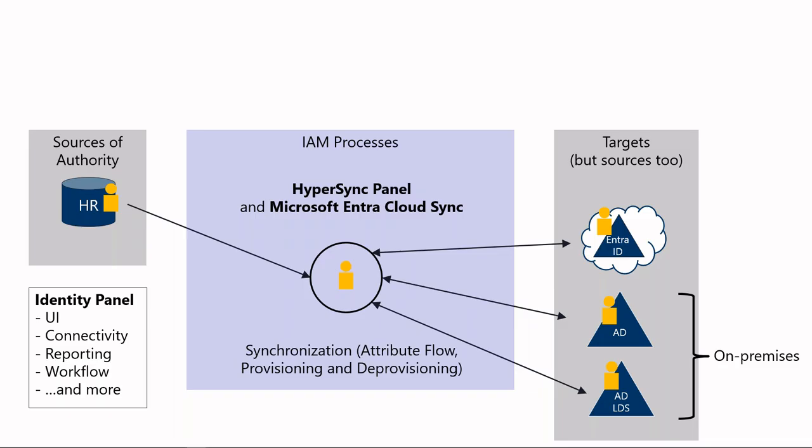But I'm also using Microsoft Entra Cloud Sync. So there are 2 synchronization processes going on that are both effectively being tested. And we're synchronizing attributes, and we're provisioning and deprovisioning objects. I've said that Identity Panel is a core requirement. It will be providing the UI, the connectivity, a reporting engine, workflows, and much, much more.